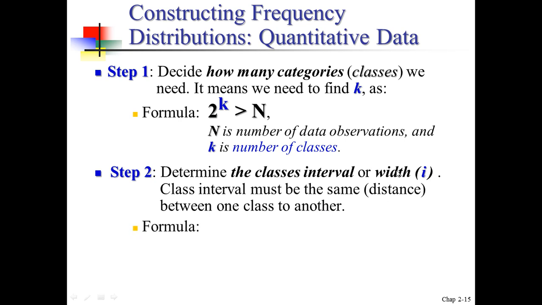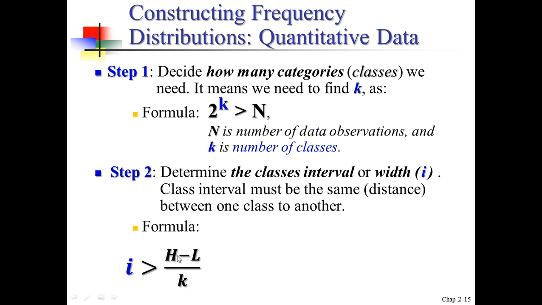In order to set I, you need to follow this formula: I greater than H minus L divided by K. K here you get from the first step.